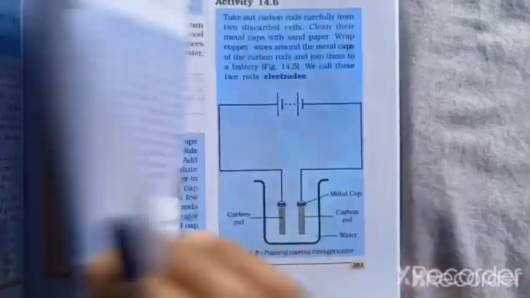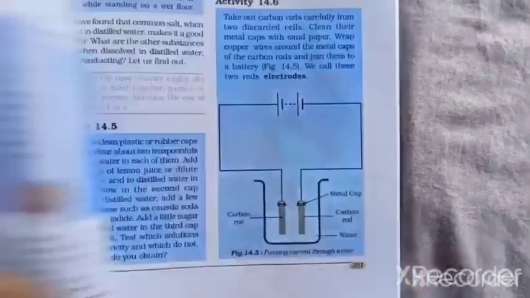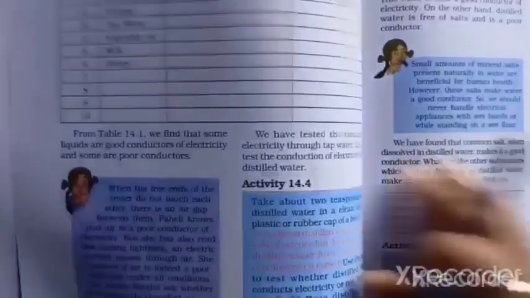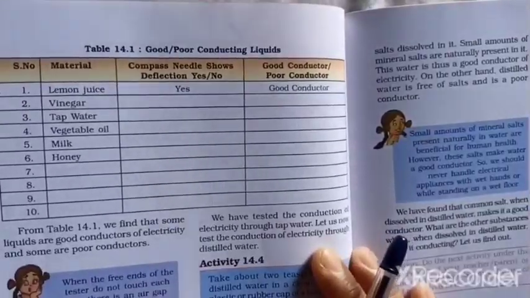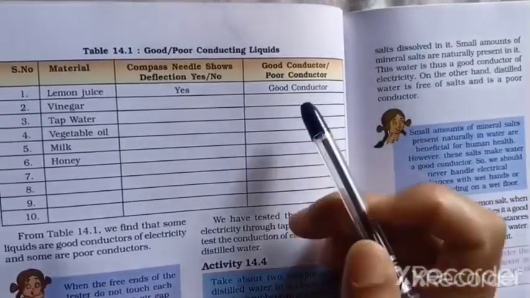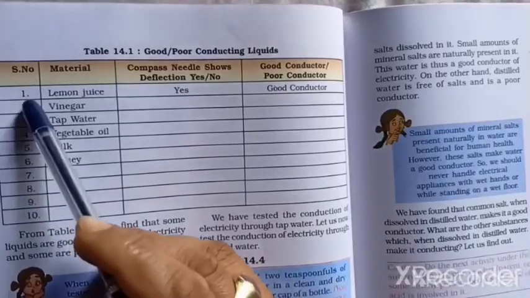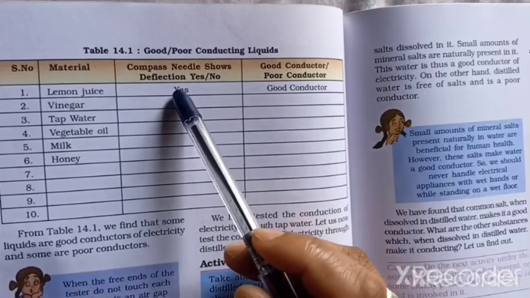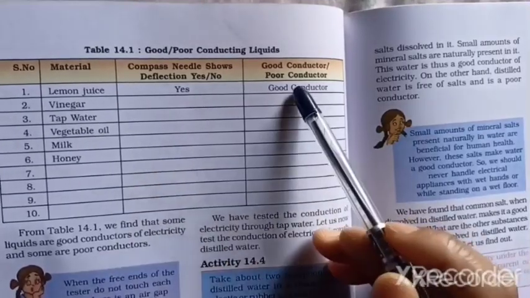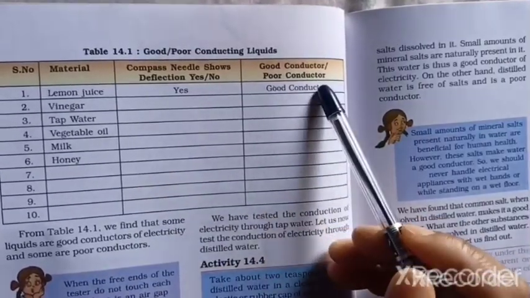So here, table 14.1 is shown. Good or poor conducting liquids. Cell number 1 to cell number 10 are given, with material lemon juice. Compass needle shows deflection yes or no, and good conductor or poor conductor.